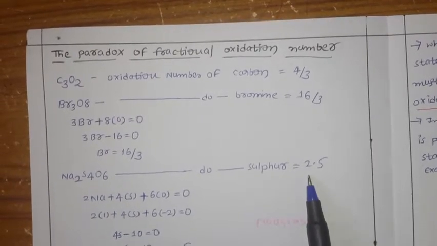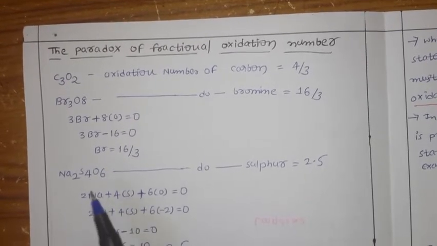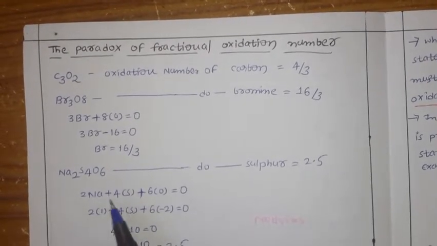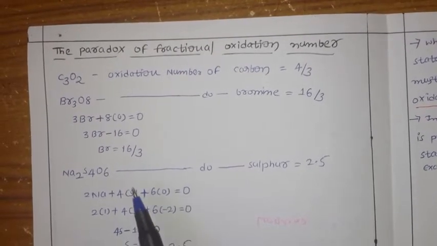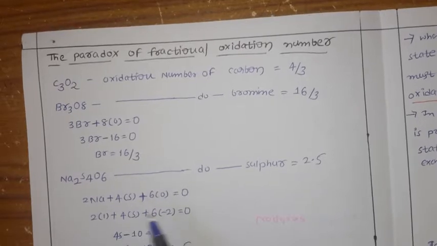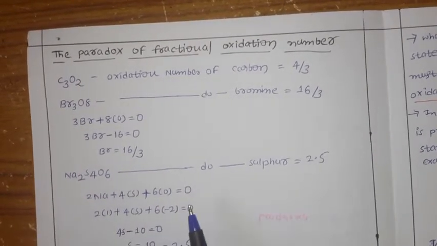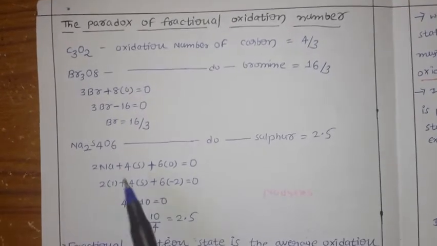Now see another example, Na2S4O6. The sulfur oxidation number here is 2.5, which is also a fraction. How do we calculate it? We have 2 sodium atoms plus 4 sulfur atoms plus 6 oxygen atoms equal to 0, because for a neutral molecule the sum of the oxidation numbers should be 0.